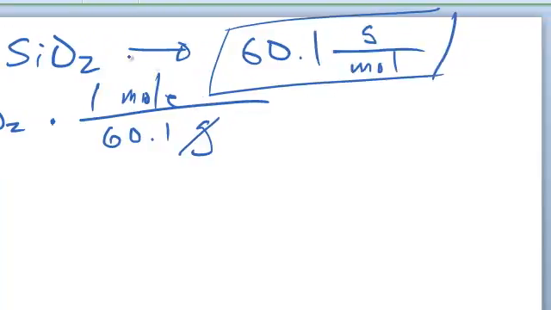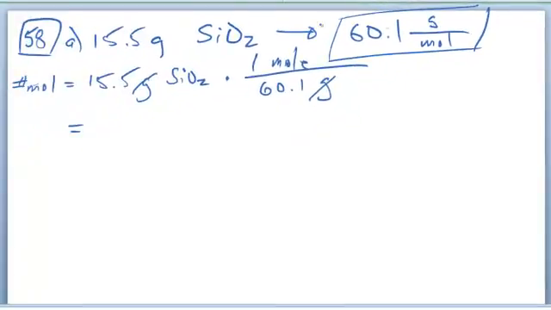And if you just use common sense, if 1 mole of silicon dioxide is 60.1 grams, then if you only have 15.5 grams of the stuff, you clearly are going to have less than 1 mole. Based on your number intuition, I think you can see that 15.5 is about 1/4, about 25% of this.